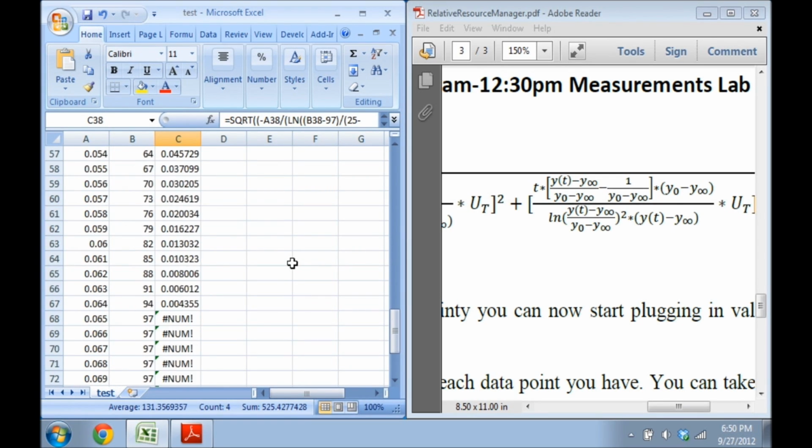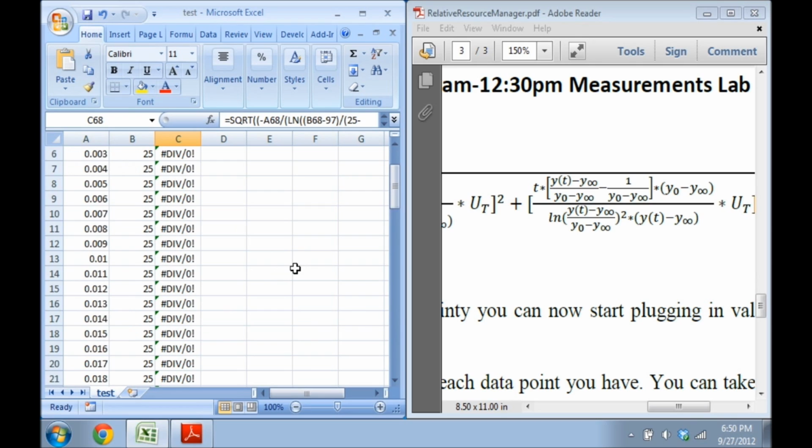So as you can see, it goes through, the numbers get consistently smaller, and then you get to the final state, and it doesn't like you because in this equation, when you're at the final state, it makes everything 0, because 7 minus 7 is 0, divided by 0 gives you 1, so then ln of 1 is infinity or undefined, so then it gives you this error of number. So that's what's going on there.